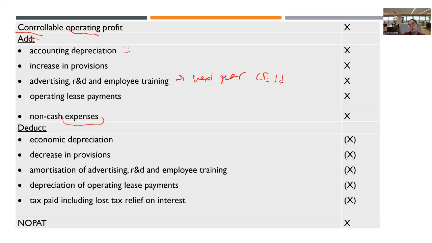So if a provision is decreased, then this means that we have credit income in our accounting, but it's a non-cash income, so we need to deduct it. Then we need to charge amortization for advertising, research and development, and employee training capitalized.